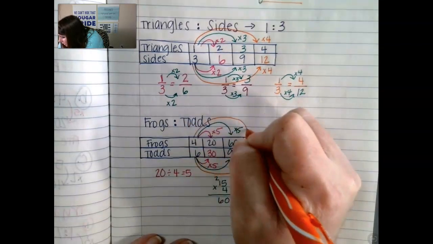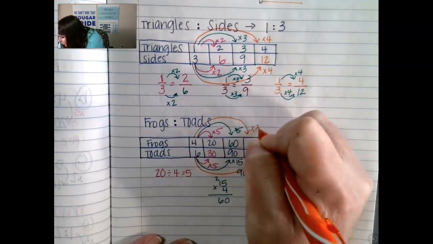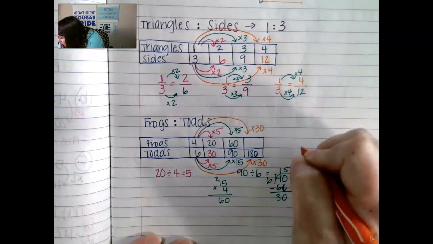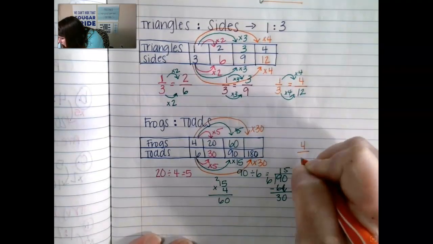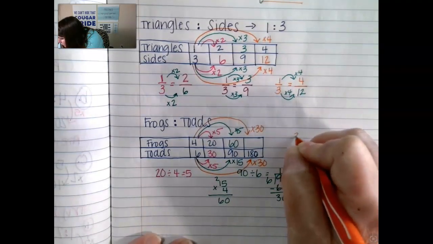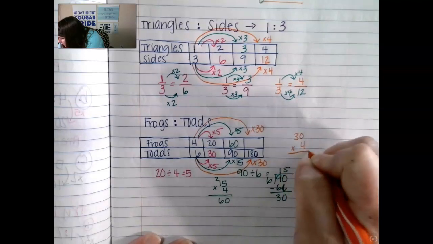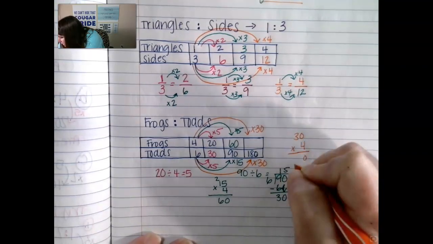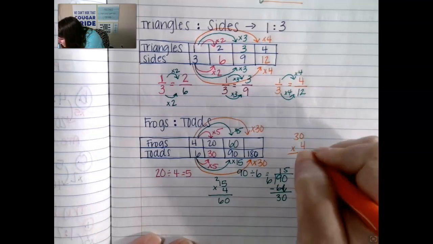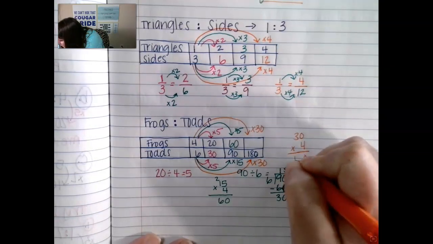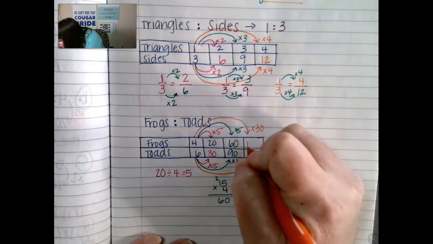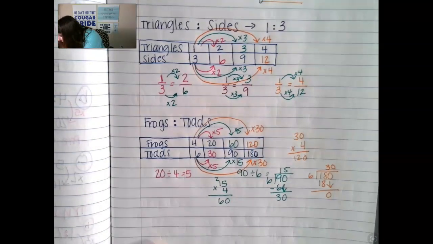4 times 30. So let's come over here, and we're going to do 30 times 4. That gives us 0, and 4 times 3 is 12, so 120.